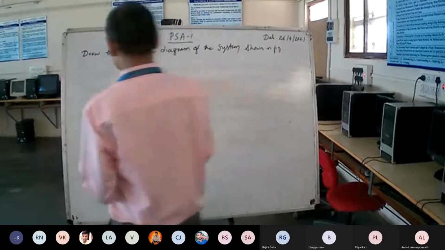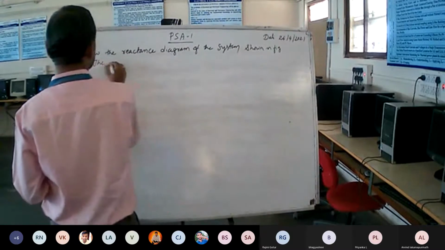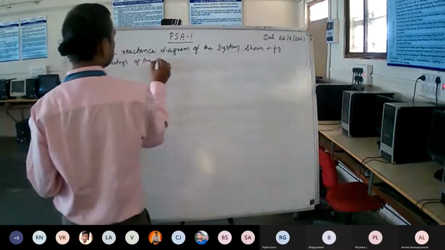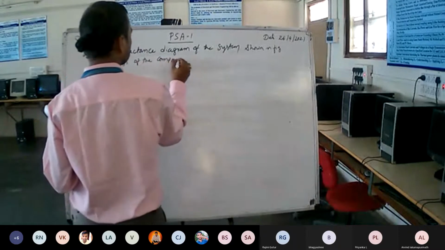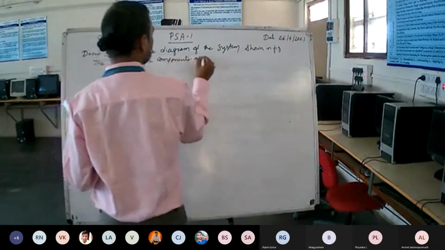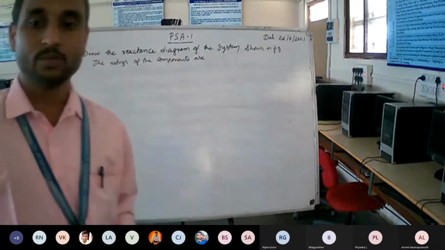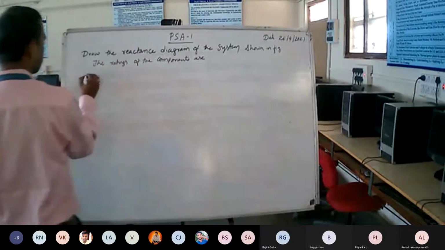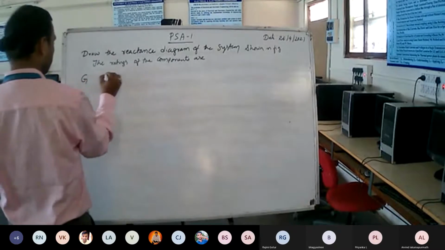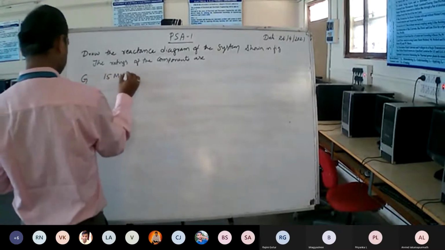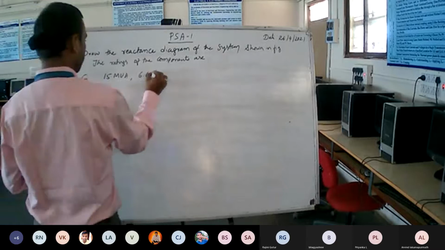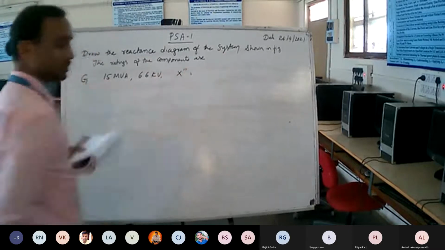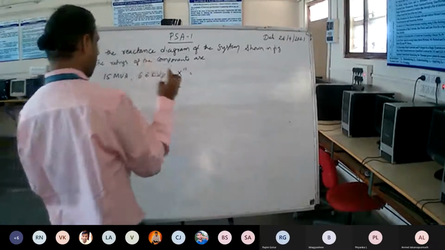The ratings of the components are: generator G is 15 MVA, 6.6 kV, X double dash, that is the reactance, 12%.